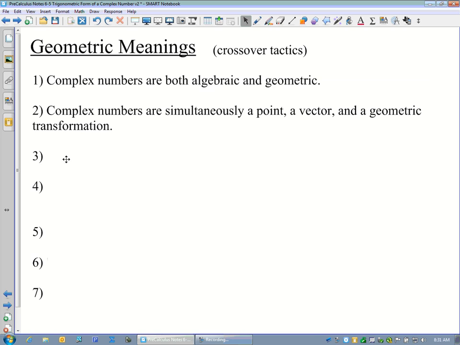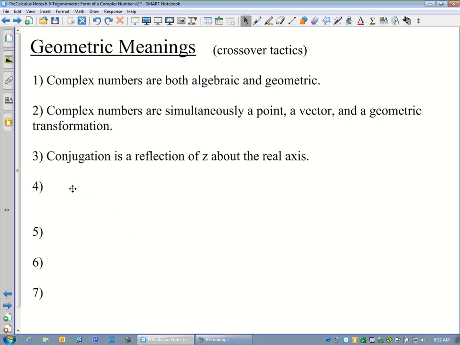Conjugation, we talked about conjugation. The geometric interpretation of that is that conjugating is just a reflection of the complex number, z, in the real axis. So if we had x plus yi, then the conjugate x minus yi is just going to be a reflection vertically.